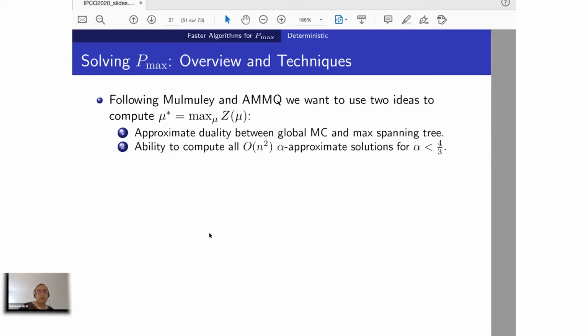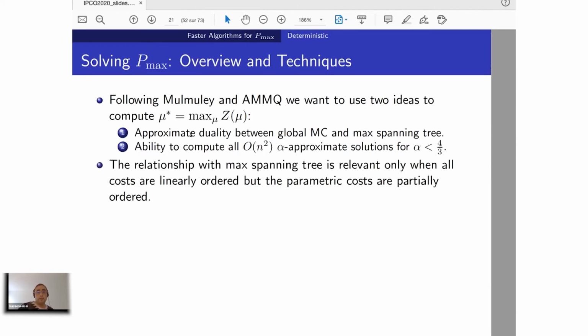We would like to use the same idea as before and our previous result in order to compute this target value by using an approximate duality between the maximum spanning tree and the minimum cut on one hand, and also the ability to compute all the approximate minimum cuts in strongly polynomial time. The relationship with the maximum spanning tree is relevant only when all the edge costs are linearly ordered.